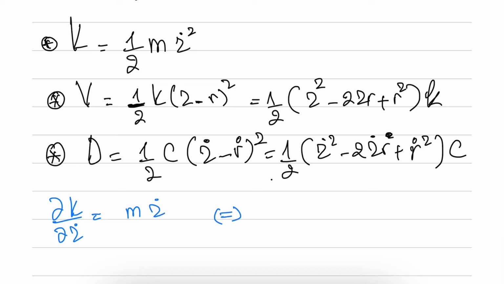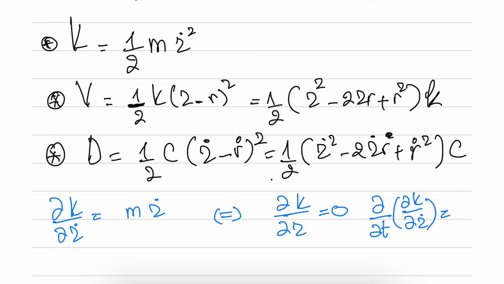As well, the first derivative of kinetic energy with respect to z is 0, and the first derivative with respect to time of the derivative of T with respect to z dot is equal to m z double dot.